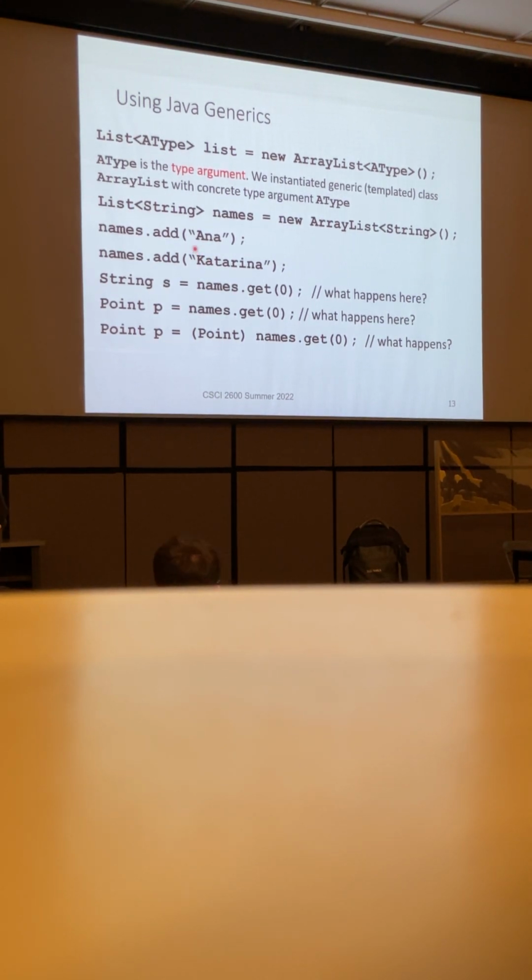And then all methods that are in the implementation of ArrayList, right? All methods that use the type parameter would automatically be adjusted to use the type that we specified when we instantiated our generic.